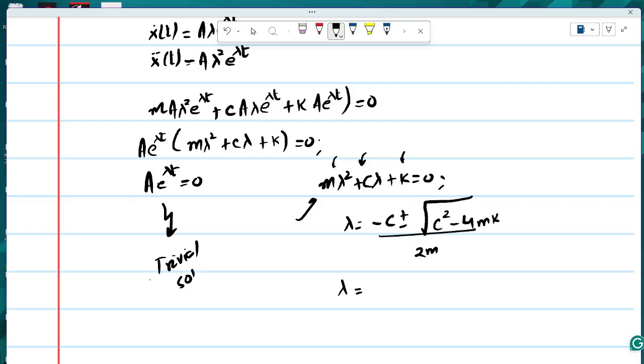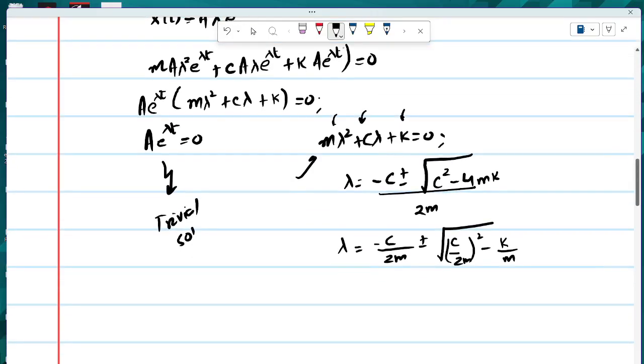You can simplify this to minus c over 2m plus or minus the square root of (c over 2m) squared minus k over m. That's simple mathematics; I just took the 2m into the square root. From here you have two different solutions, the roots of this equation.